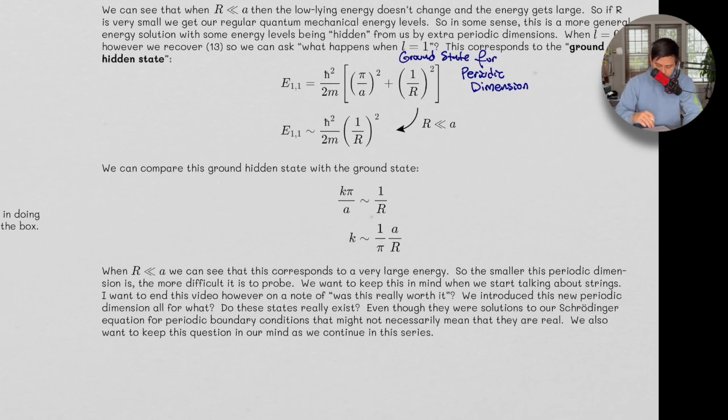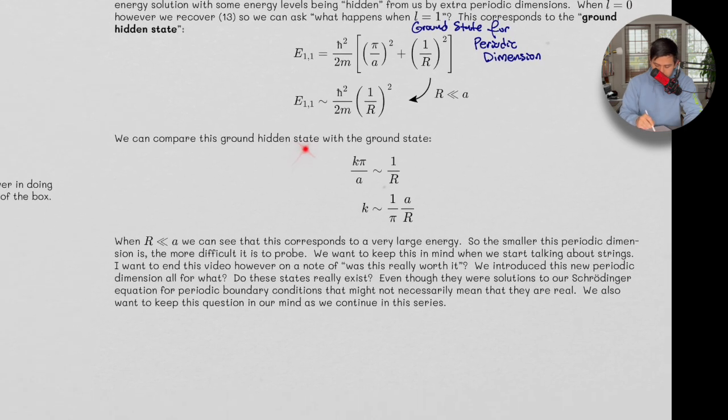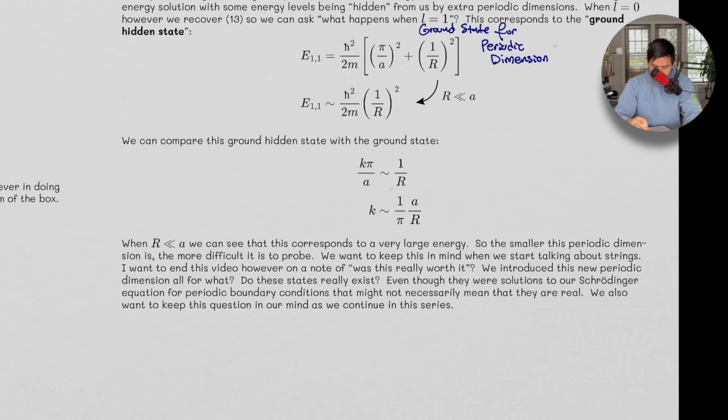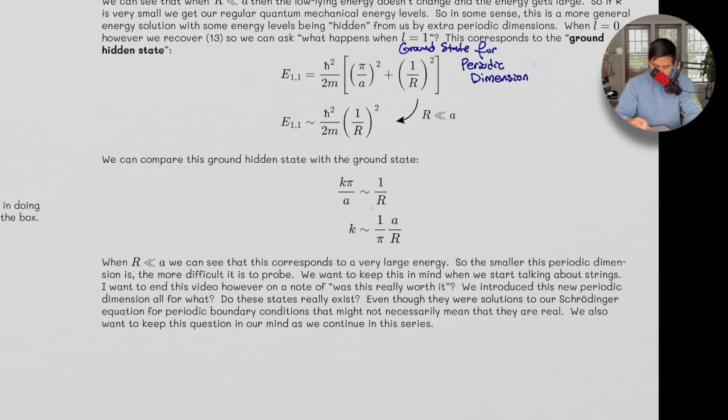We compare this ground state for our periodic dimension with the ground state in the non-periodic dimension. In the non-periodic dimension, we're going to have an energy that looks like this, or not really an energy. Wait, so this is going to be this bit right here, right? So we have K, which is all these constants, okay?